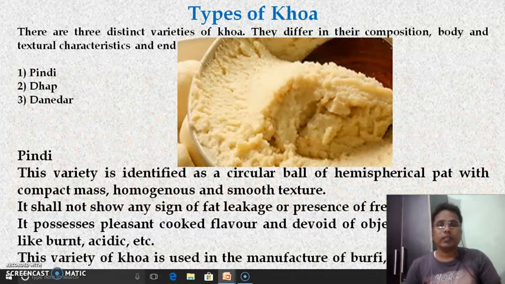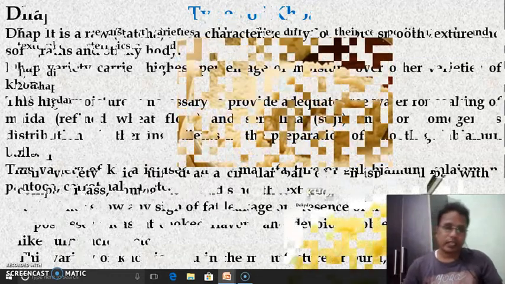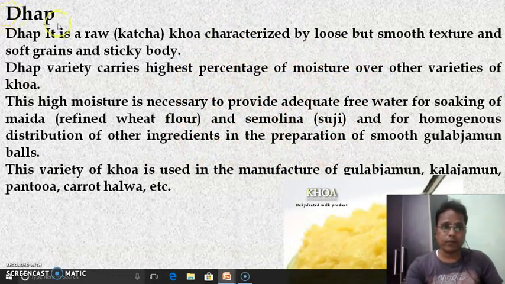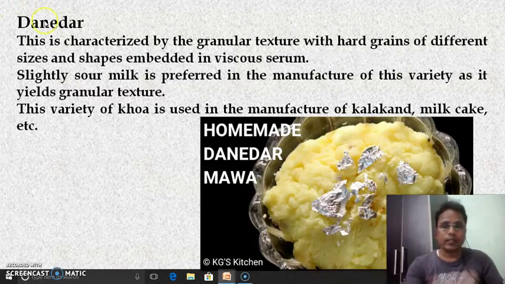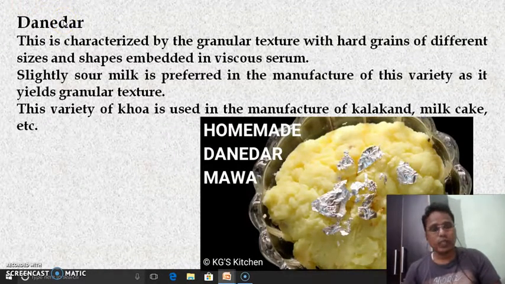Then we saw the various types of Khoa: Pindi, Dhap, and Danedar. These are the three different types of Khoa that we saw in our previous lecture.